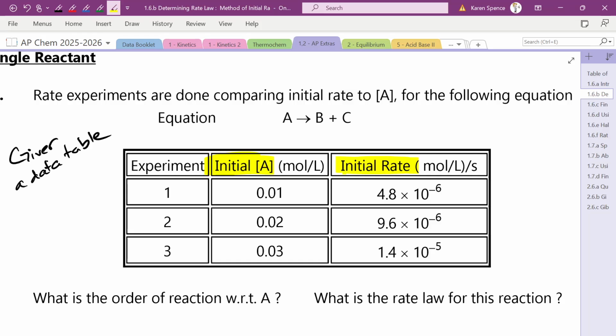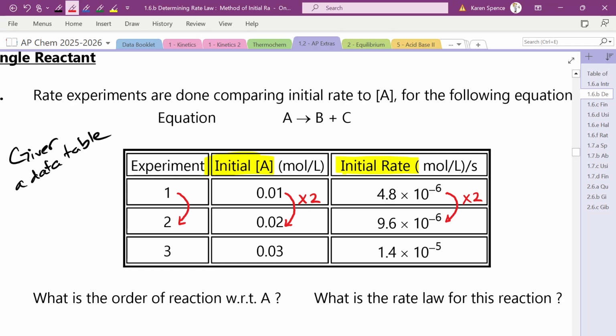So as we move from experiment 1 to experiment 2, what have we done to the concentration of A? We have increased it, we have multiplied it by 2. What has happened to our initial rate? It has also multiplied by 2.